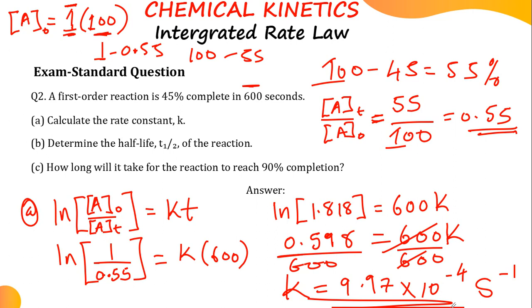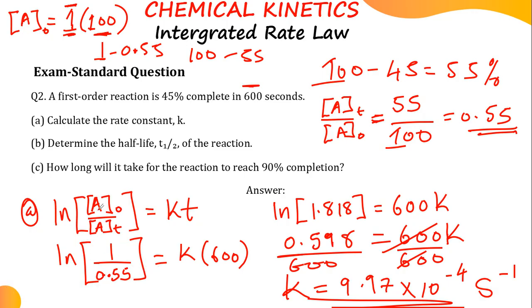Is it coming from n equals one, for the power of seconds? You say you're dividing one over 0.55? Yes. Once you divide, you're going to get 1.818. Now the one, is it coming from n equals one for the first order reaction?